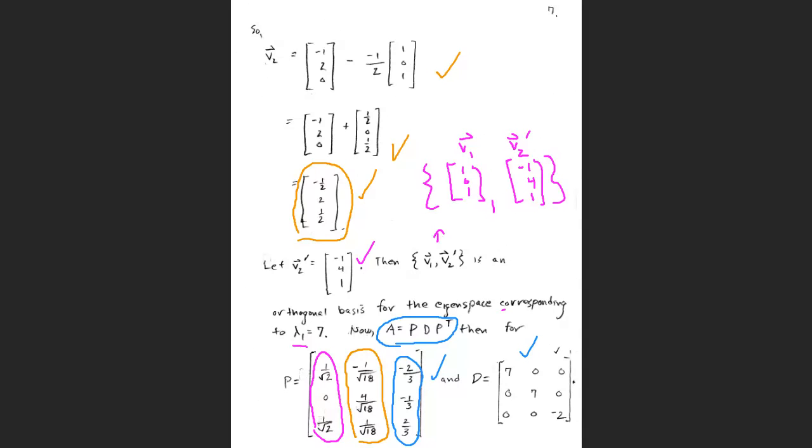Give me a thumbs up if you're feeling good with this process. Good. Marcella's good. Jacob's good. Wonderful.